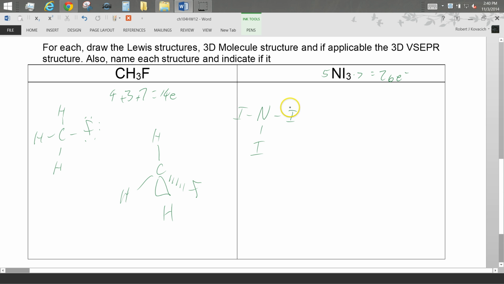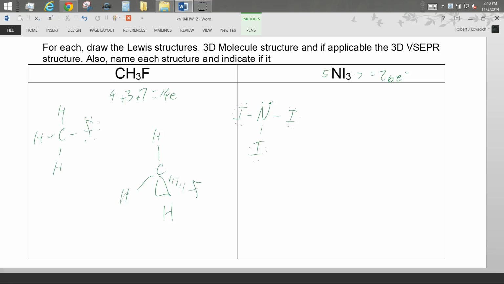Okay, and if I tack electrons around the iodines, they're going to be happy, and that'll leave me with 2 leftover electrons, and I'm going to put those on the top of nitrogen.